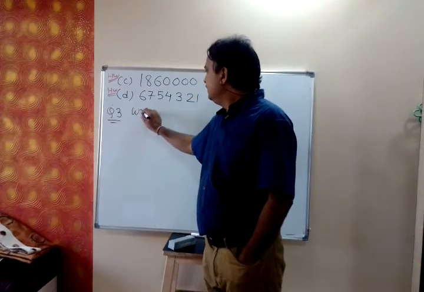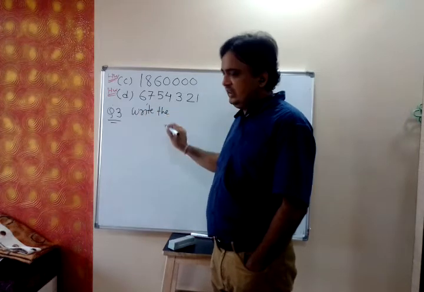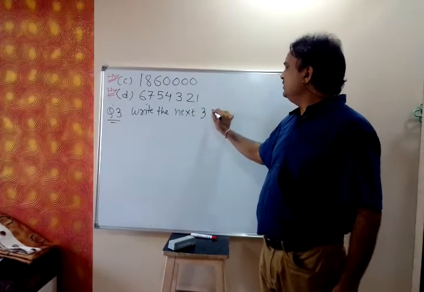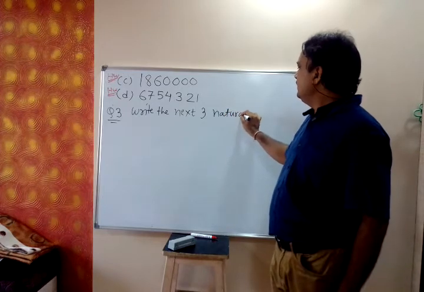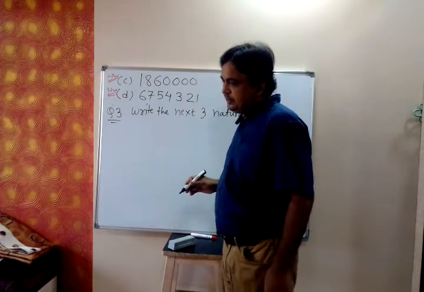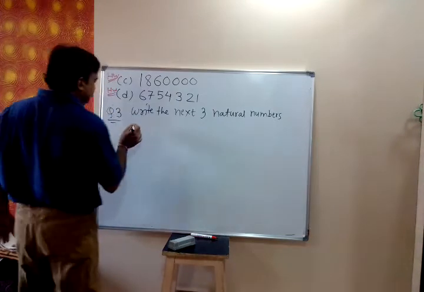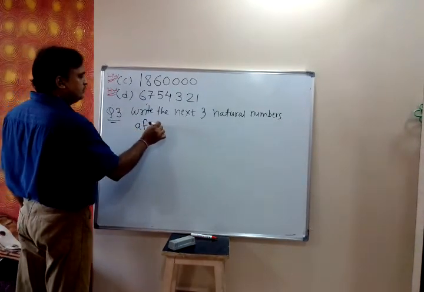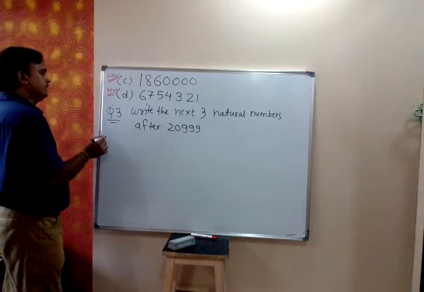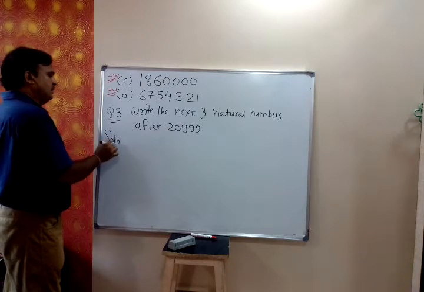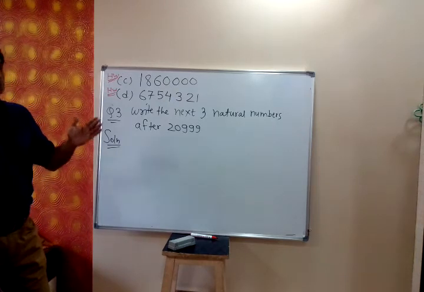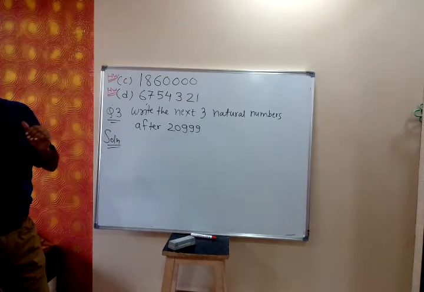Write the next three natural numbers after 20,999. So you are given the number 20,999.